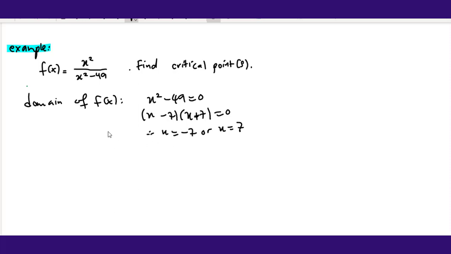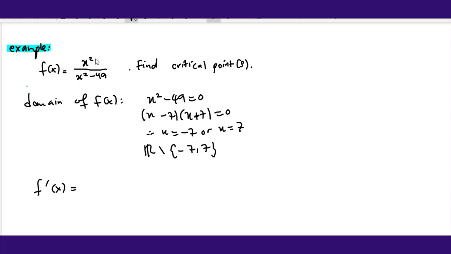So the domain of f is all real numbers except negative 7 and 7.